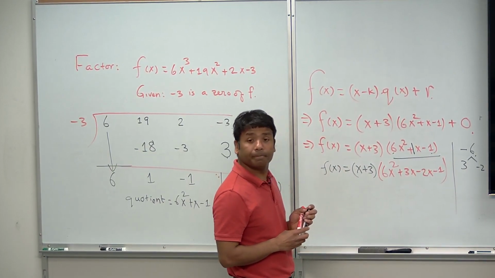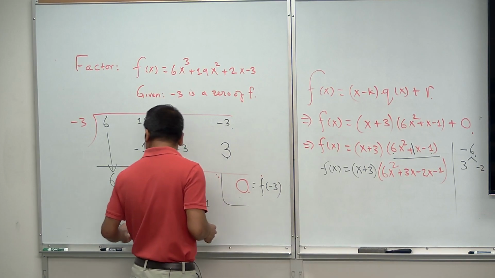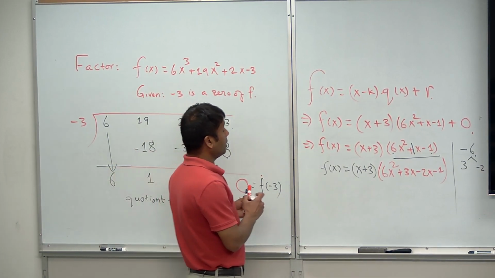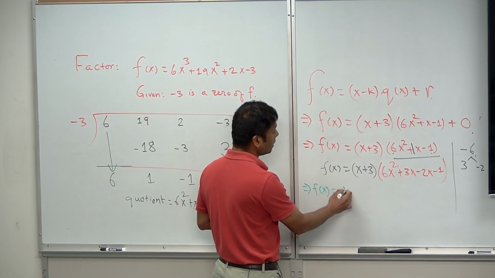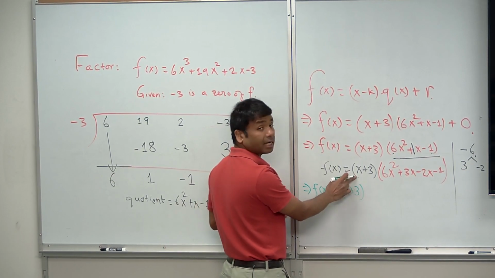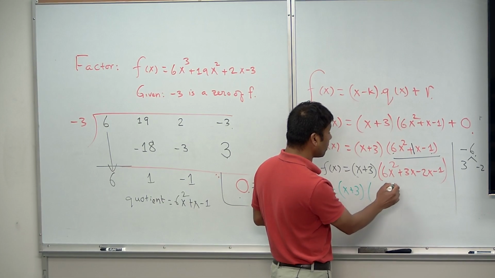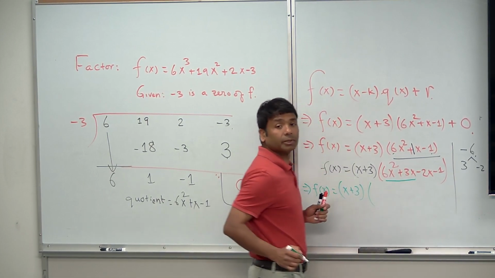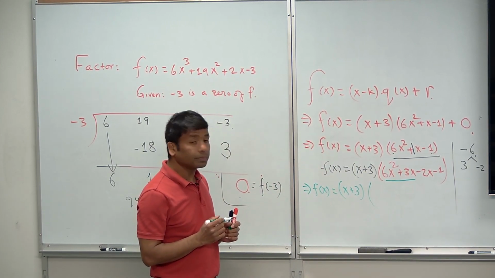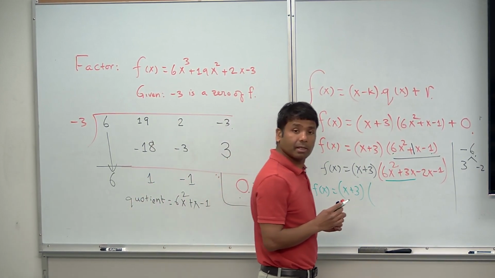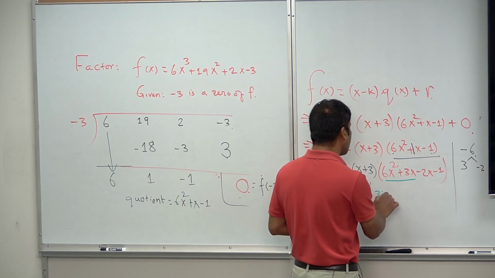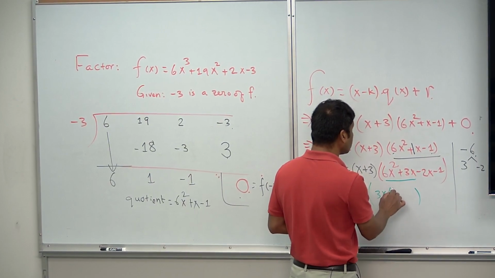So f(x) is going to be x plus 3 times the factored quadratic. From the first two terms, what can you factor out? 3x. Inside the parentheses you'll have 2x plus 1.